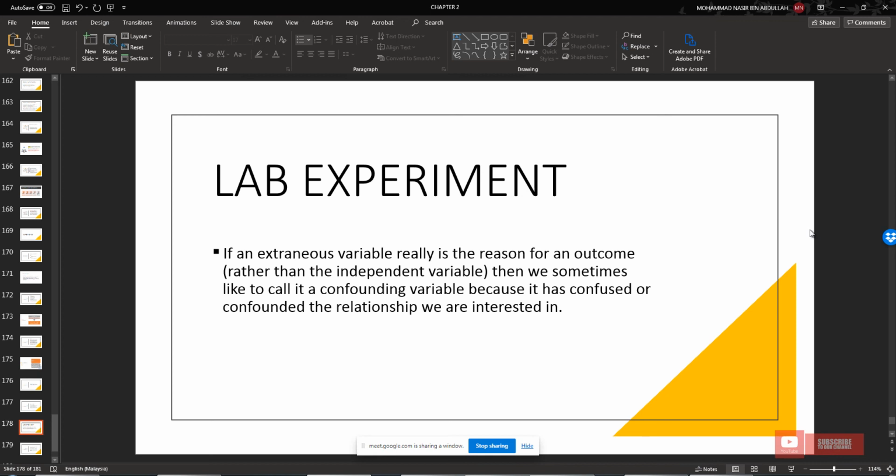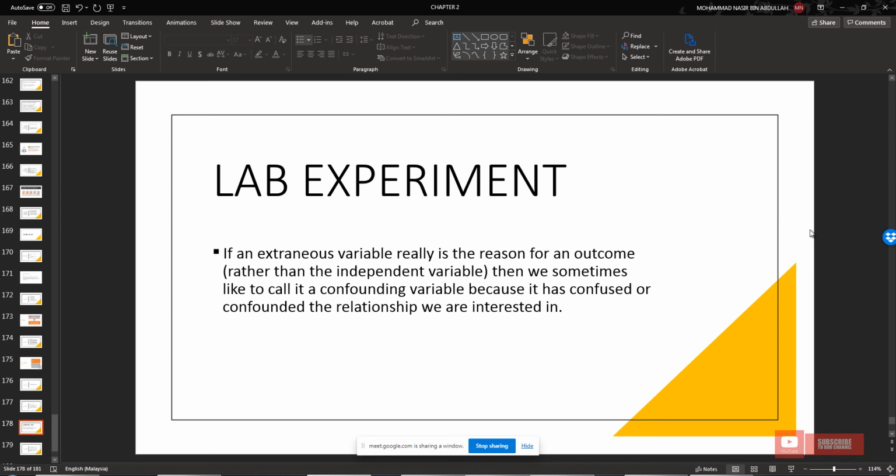Let's say, for a realistic example, heart disease. Heart disease is caused by smoking, right? You got the relationship. Now, maybe there is some other cause that can cause heart disease, that can also cause a person to smoke, right?